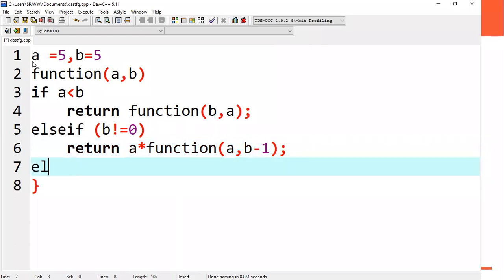Else case, return 0. This is what we have. So what will be the output for this is what is asked.